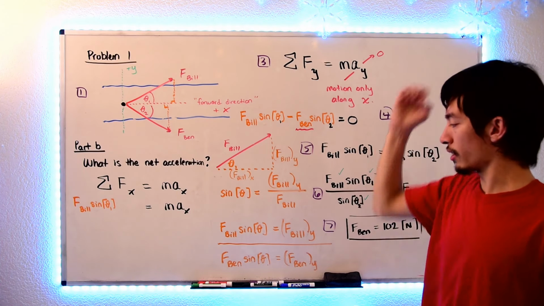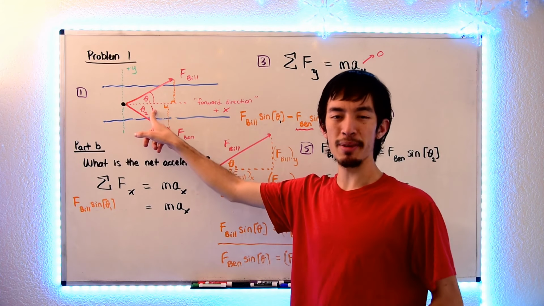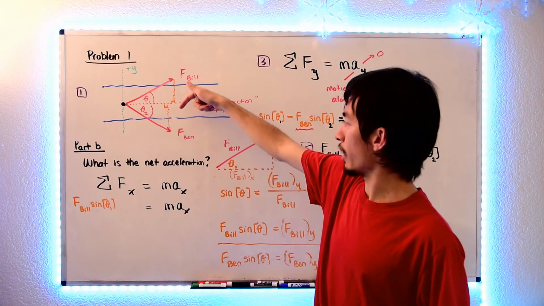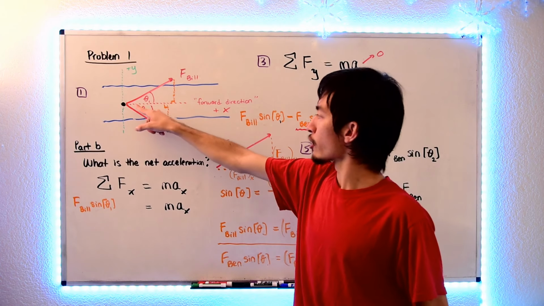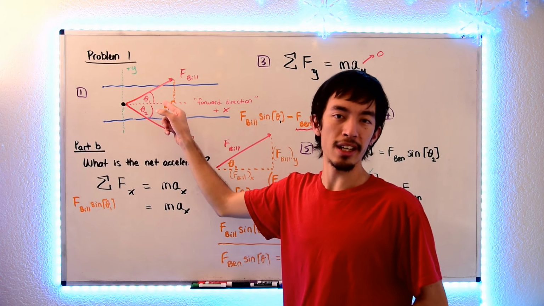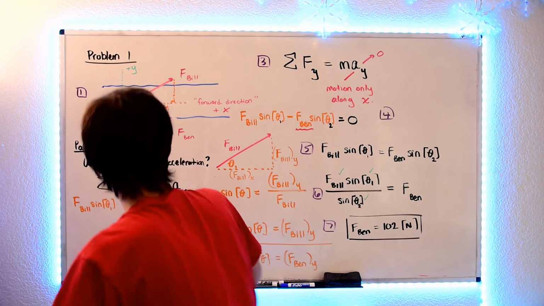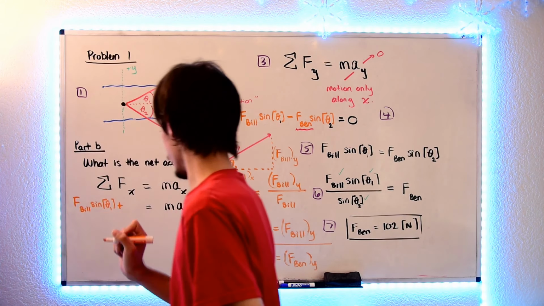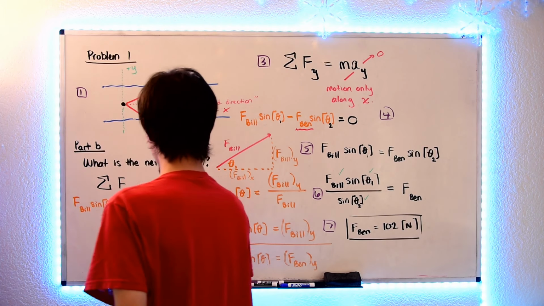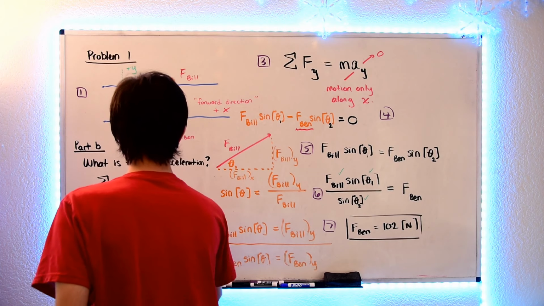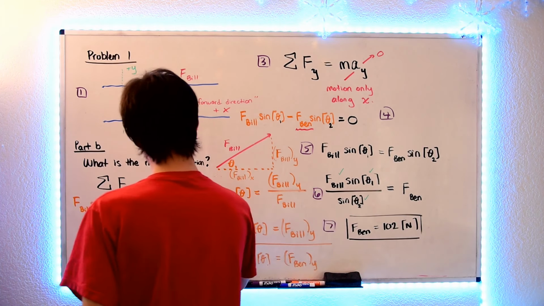Now when we write the x component of the force from Ben, it's not going to be negative this time, because it was negative for the y direction since it was going down as opposed to up. For the x direction, it's still going to the right just like the other one, in the positive x direction. So we're still going to write positive force Ben, and then it's going to be sine of theta 2, and that's equal to the right side.